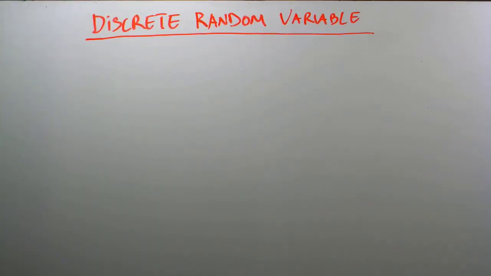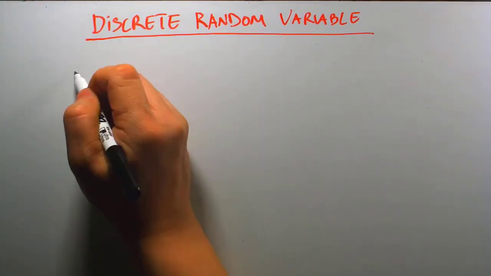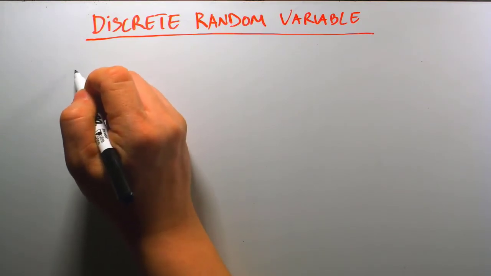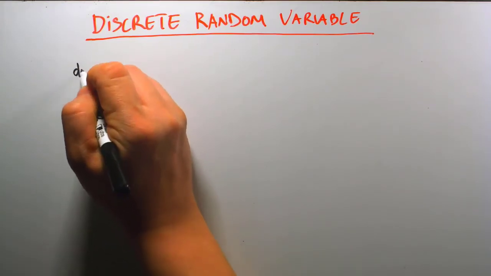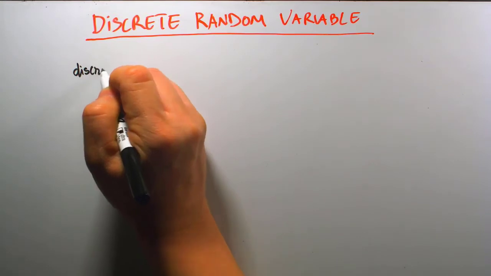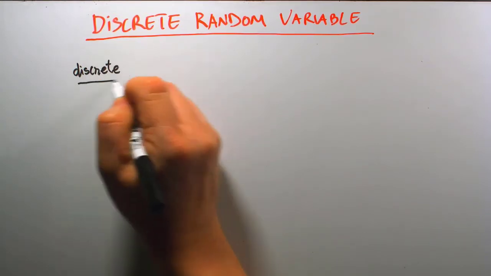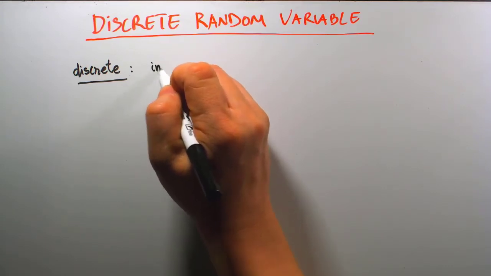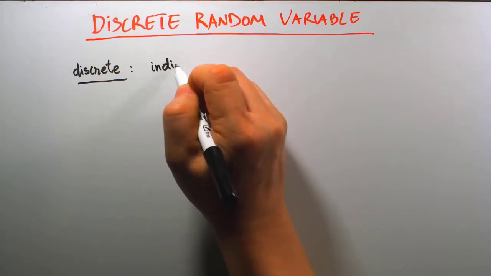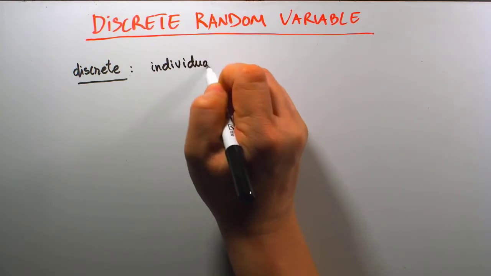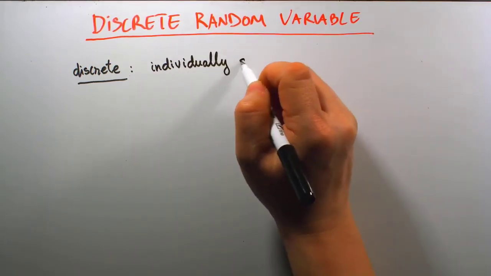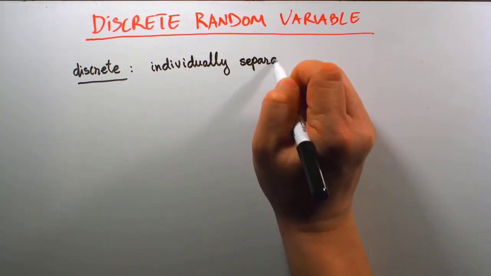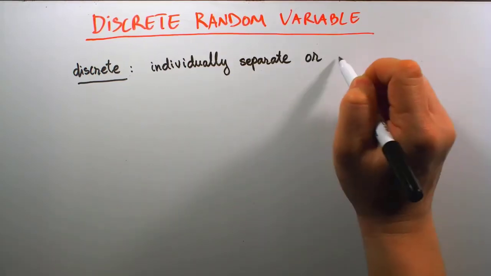And now anyone viewing the video lesson at this point must have noticed that I first started out by giving the definition of the word discrete as meaning individually separate or distinct.